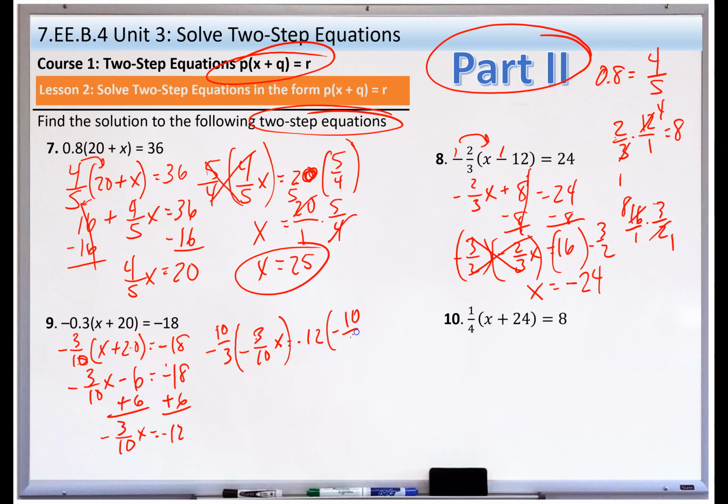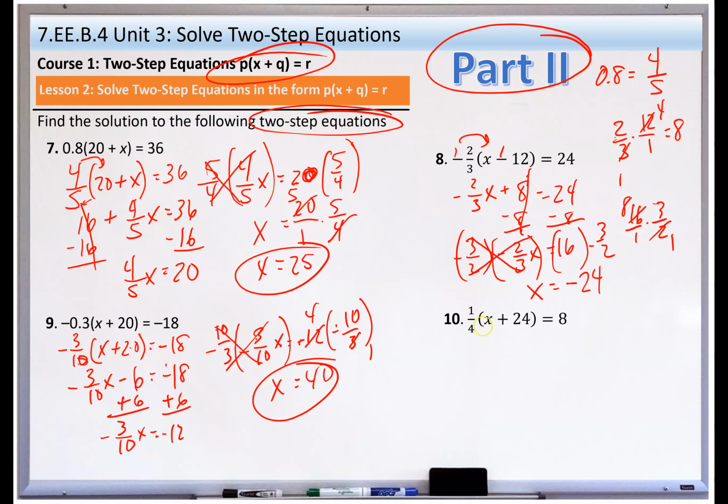That becomes 1. x equals, it's negative 12, right? Yep. Divide by 3, divide by 3. Negative times negative is positive 40. Okay. All right, last one.